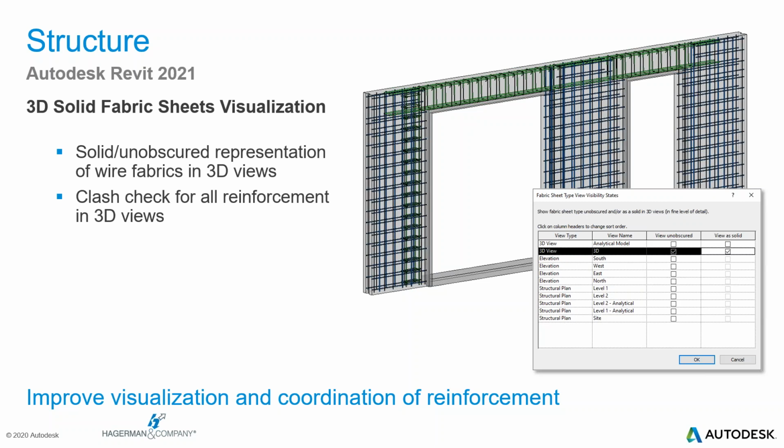The solid unobscured representation is enabled by instance. This new feature helps structural engineers and detailers improve coordination and reduce clashes through better visualization and reinforcement. So basically now you'll have all the same visibility as you do with the other types of rebar in Revit.